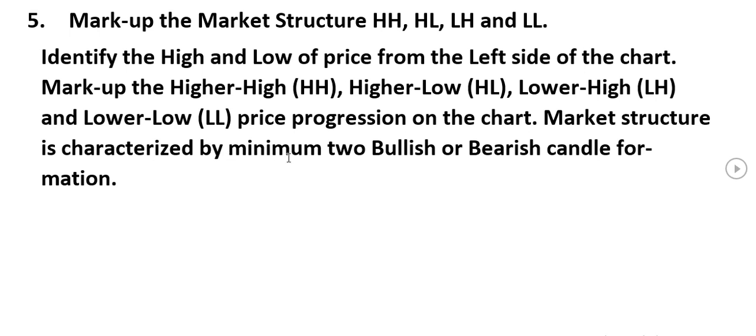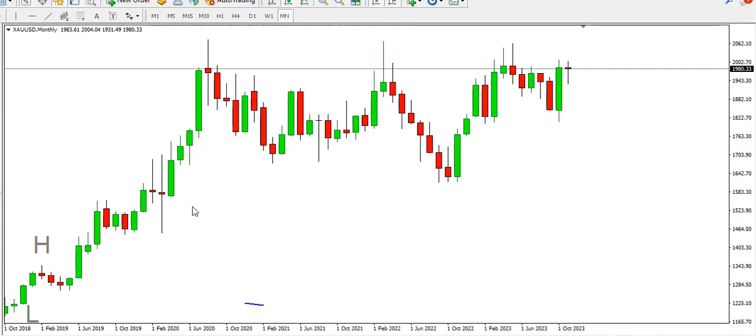If we go back to the text, it says market structure is characterized by a minimum of two or more bearish or bullish candle formation. So we have these two bearish candles, and this makes it 3 bearish candles. We have 3 here, so we can mark this as our higher low.